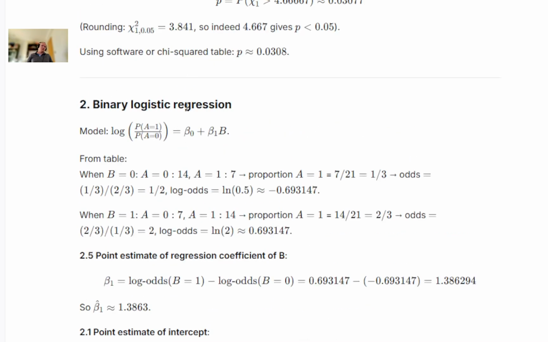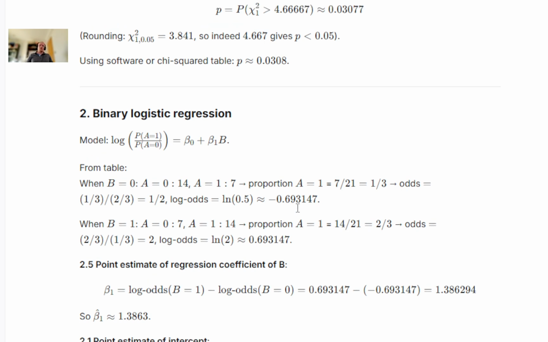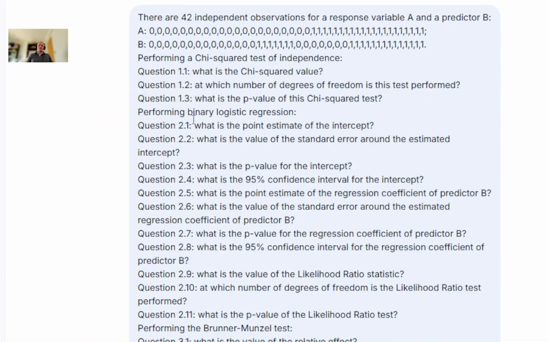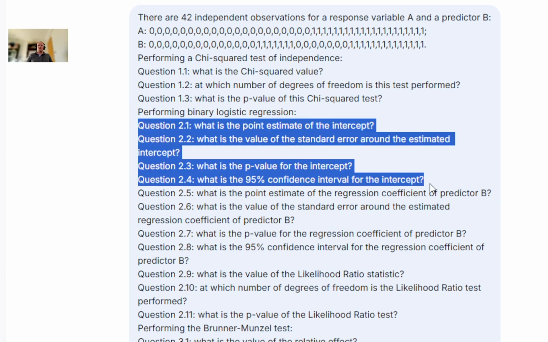That's a little bit of a difference with ChatGPT. In ChatGPT, you get the outcomes in order of the questions that you asked. Remember that we first fed a number of questions, 2.1 to 2.4, on the intercept, and then a bunch of questions on the regression coefficient.